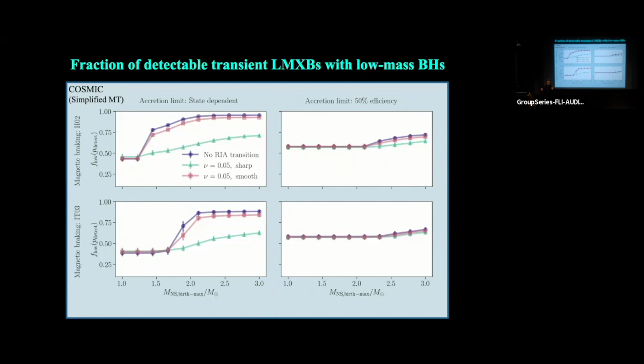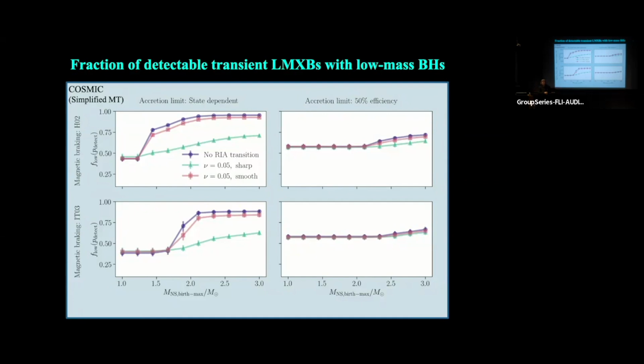If the neutron star is born at 1.4, which most neutron stars do, 1.4 solar masses, it never becomes a low mass black hole through the accretion history of the binary. But if it's born at 2.5, it crosses and fills the gap. So, well, I said something that's not true. Even at 1.4 in these models, it can cross.